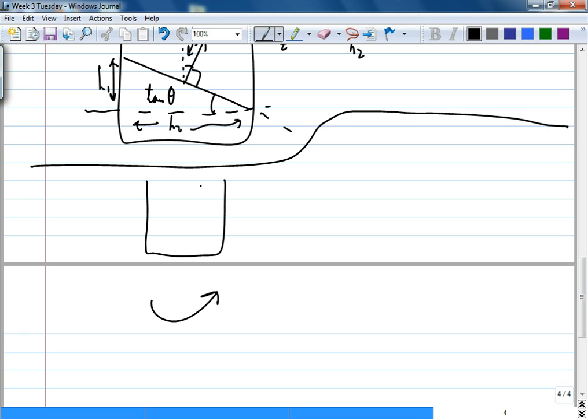Intuitively, you expect that the water level will spin up like this, correct or not? When the container is spinning, this is the center line, and this fluid parcel is going around in a circle, isn't it?